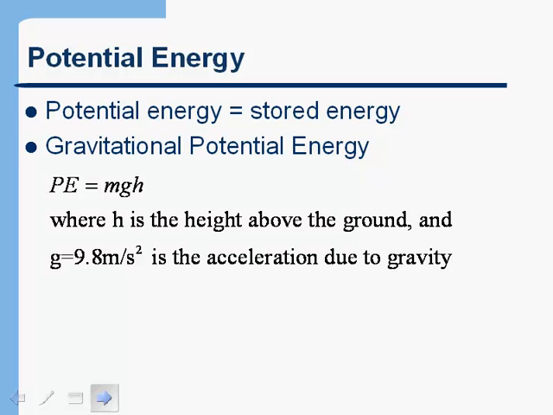So gravitational potential energy is the energy that something has due to its height. And remember, we said that if we hold something off the ground and we let it go, it's going to start falling. So it must already have energy. That's what we mean by gravitational potential energy, the stored energy that an object has just due to the fact that it's at some height h.